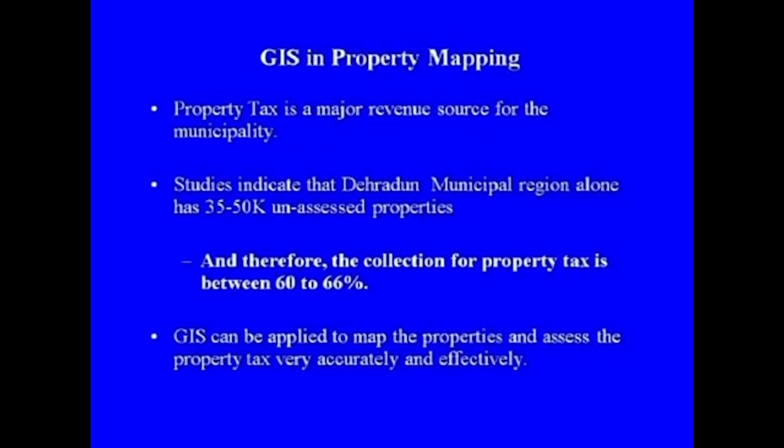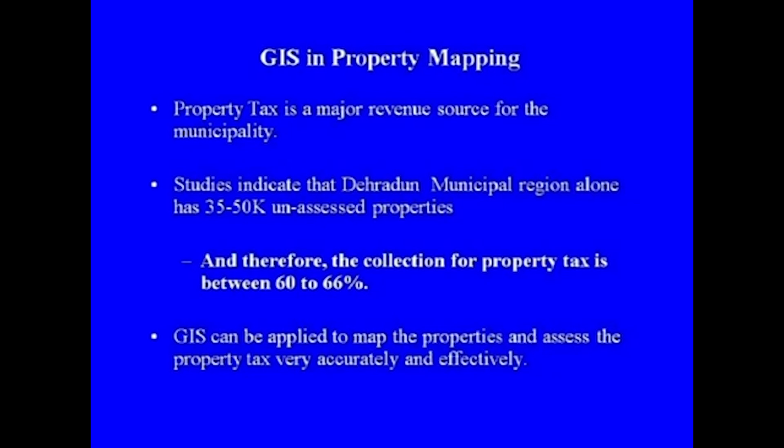Property mapping is a very important aspect, because this is the revenue earning source for any municipality. It has been found that GIS can play a very important role in this particular area.